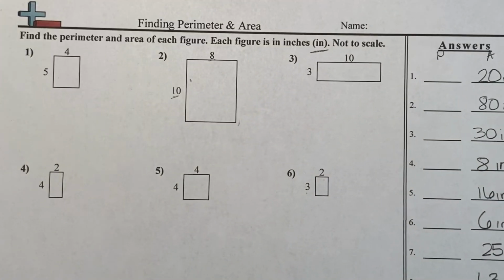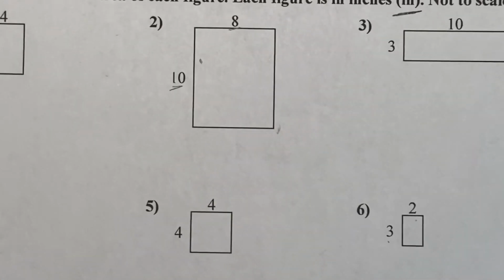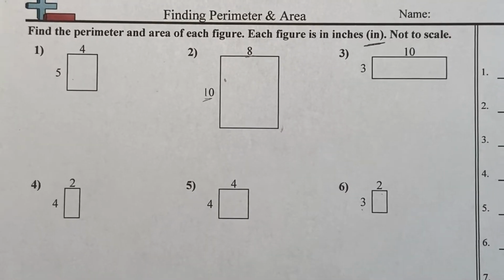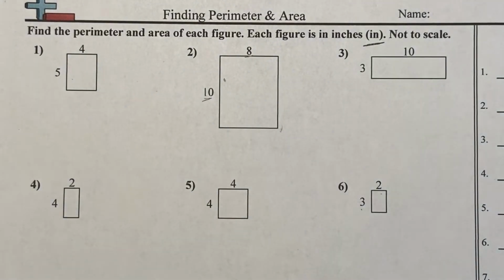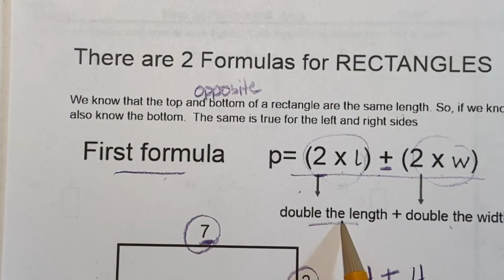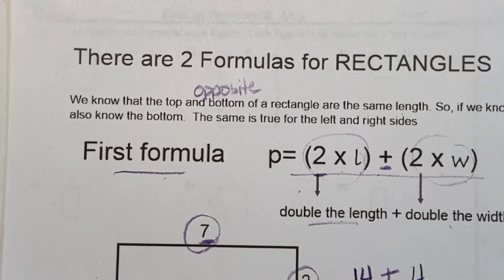Now we're going to go back and we're going to have to do a little bit of work in order to get our perimeter. So if you recall, to find the perimeter for rectangles, we have a few options. First, we can double the length, double the width, and add them together.